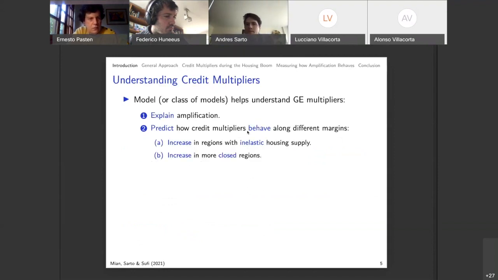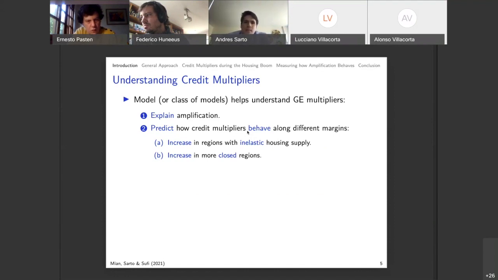So after having a first look at the data, we're going to step back for a second and think a little bit about why we might be observing this amplification, since we have a lot of literature on it. In line with what I showed you a couple of slides ago, we're going to build a very stylized regional Kiyotaki-Moore model, to see how amplification behaves in that framework, and if the Kiyotaki-Moore idea can explain what we find in the data.